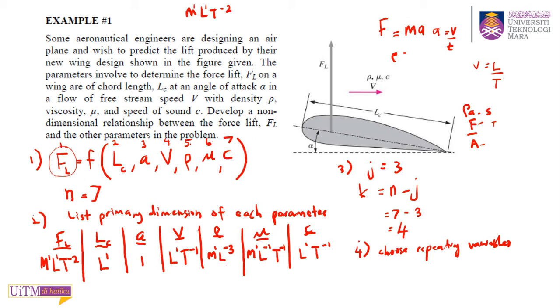So in step 4, how many do we need to choose as repeating variables? How many do we want to choose? Who remembers? We choose according to what number? Want to try?